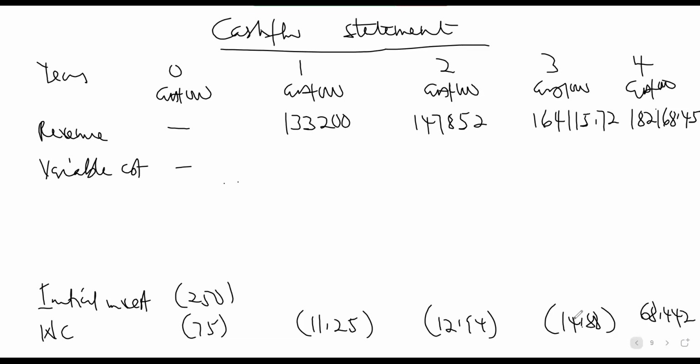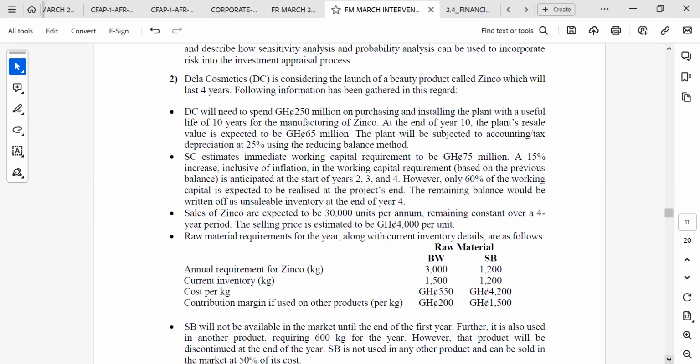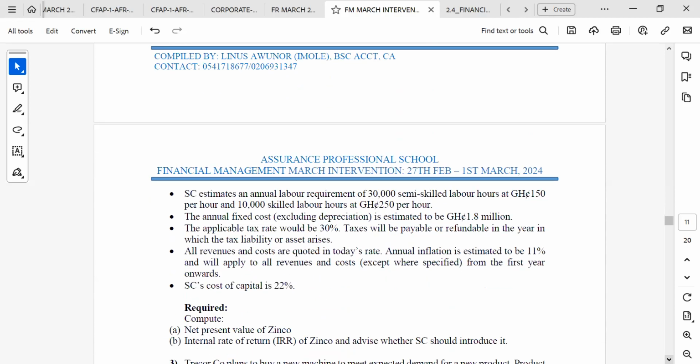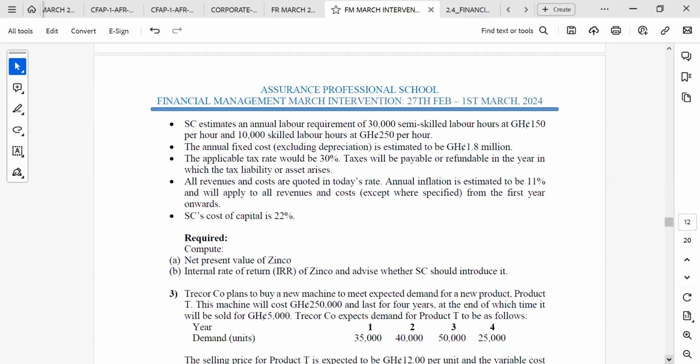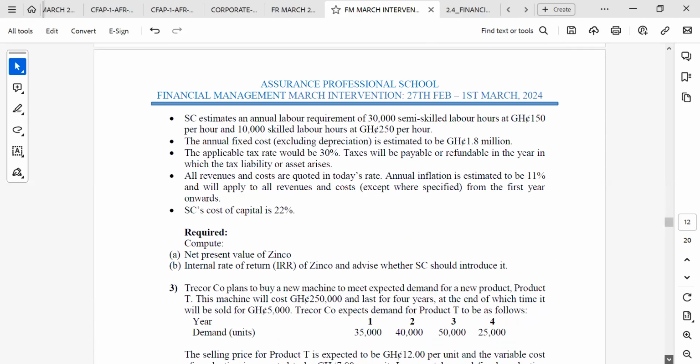This will be an inflow. Okay, I'm sure that I've done with all of them. Then you just add them and discount them using the 32%. That's all. There's nothing to do again. So the internal rate of return calculation will follow the same thing. Use the cash flow and now discount it to get these figures.